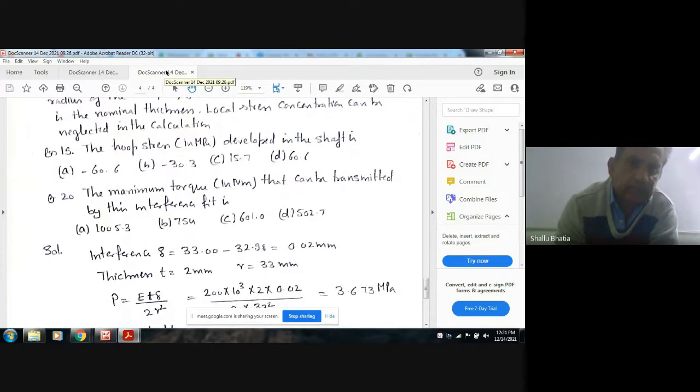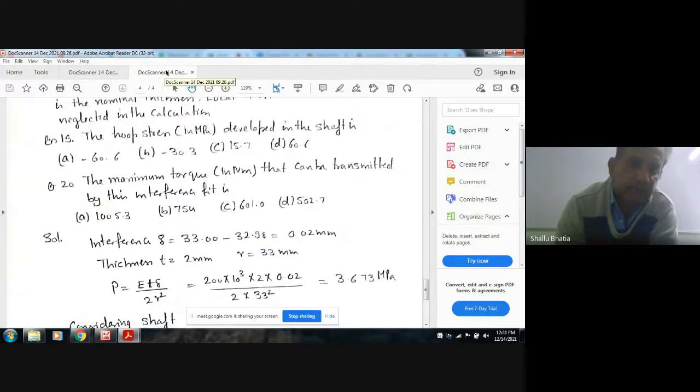The hoop stress developed in the shaft: option A minus 60.6, option B minus 30.3, option C 15.7, option D 60.6. Question 20: the maximum torque that can be transmitted by the interference fit is A 1005.3, B 54, C 601.0, D 502.7.